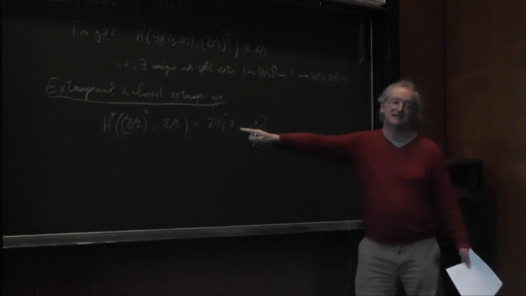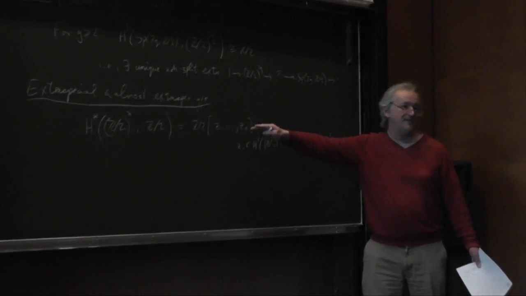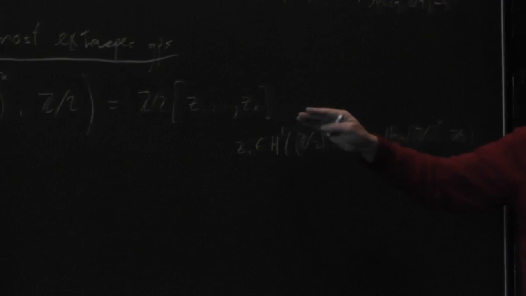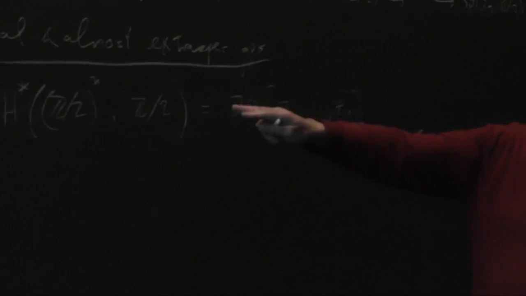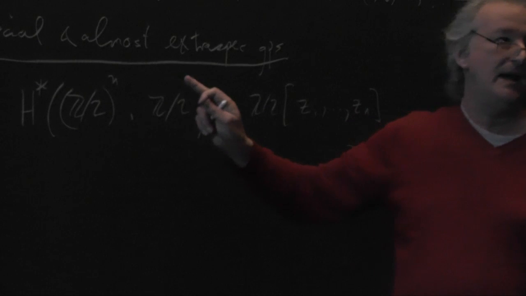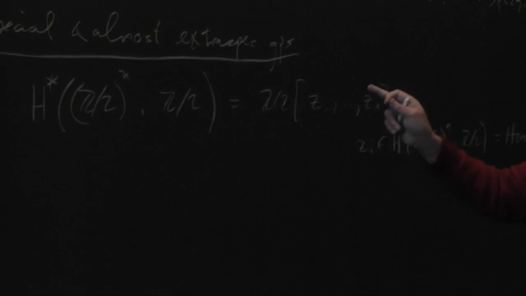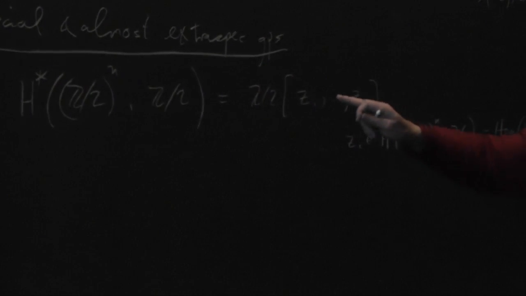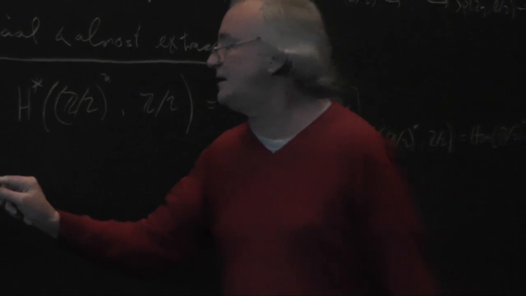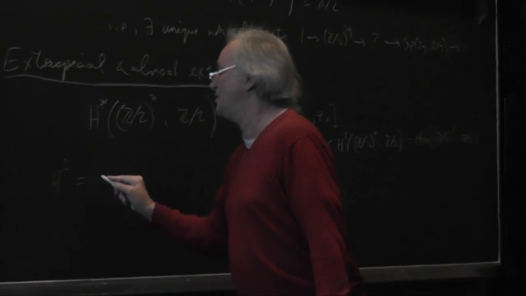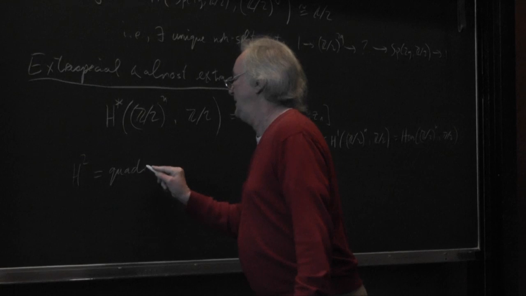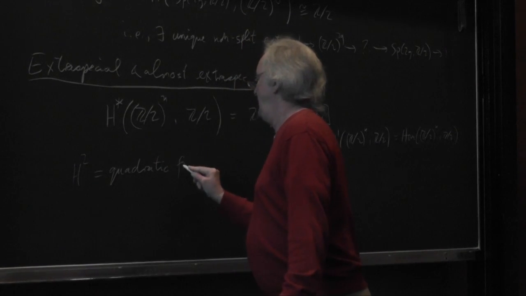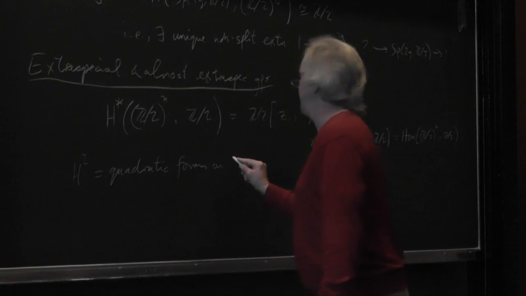So the z's form a basis for the linear dual of this elementary abelian group. And so what is a degree 2 element? It's a quadratic form on the group. So H2 equals quadratic forms on Z mod 2 to the n.